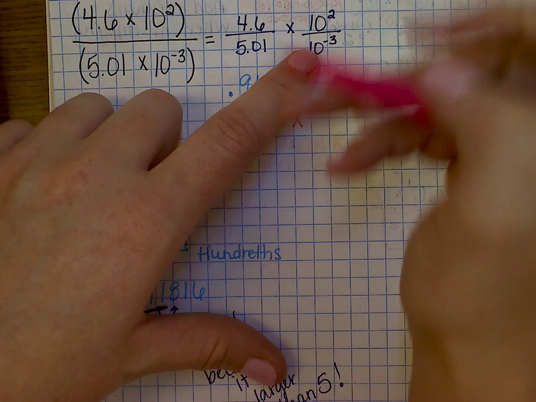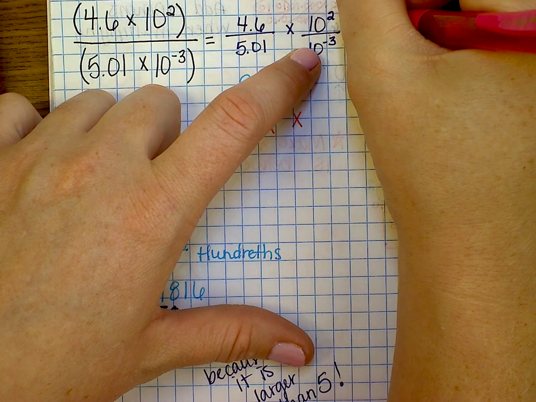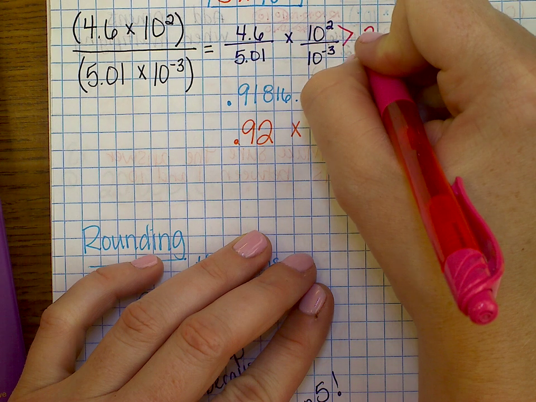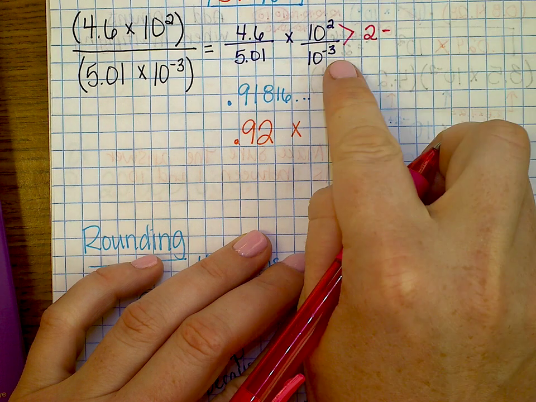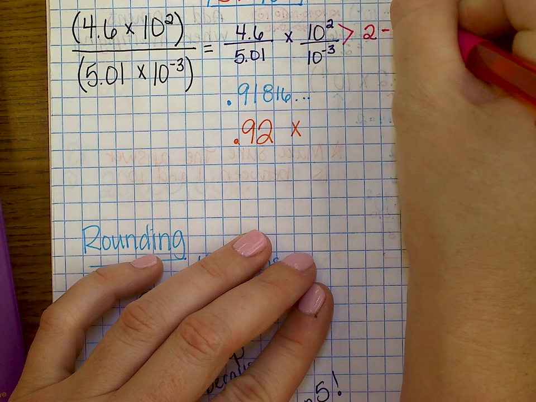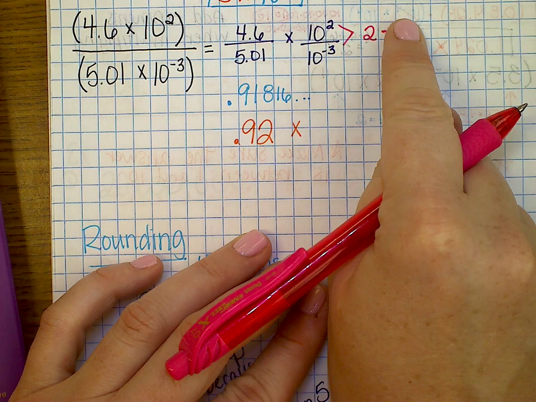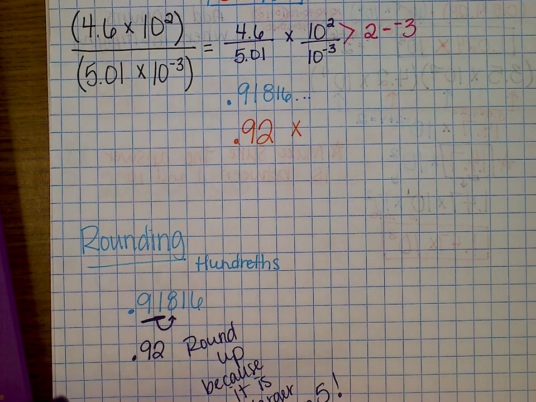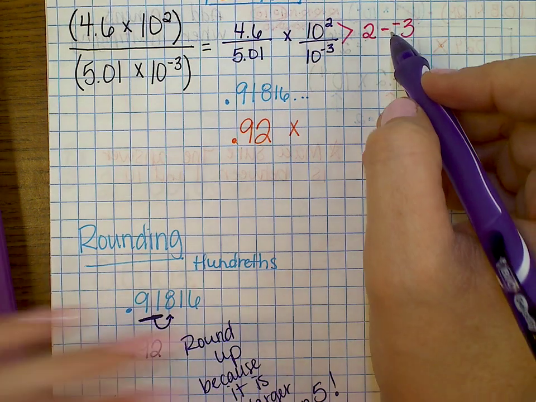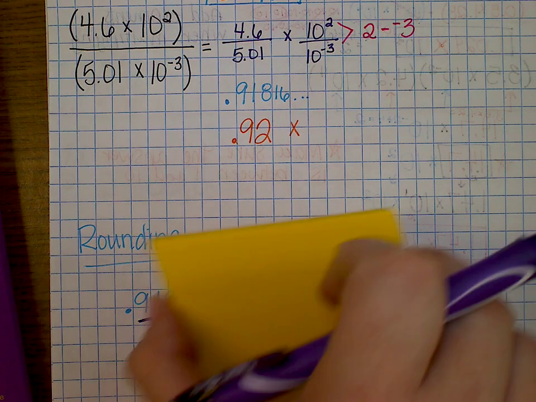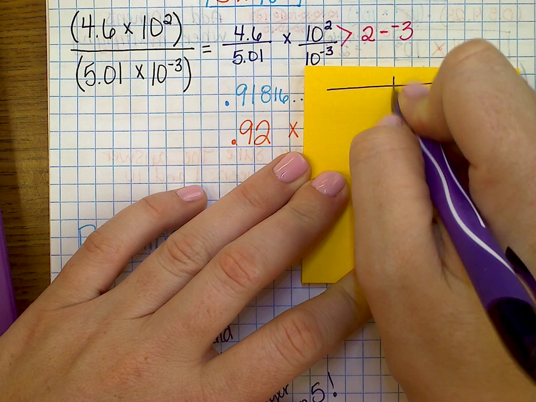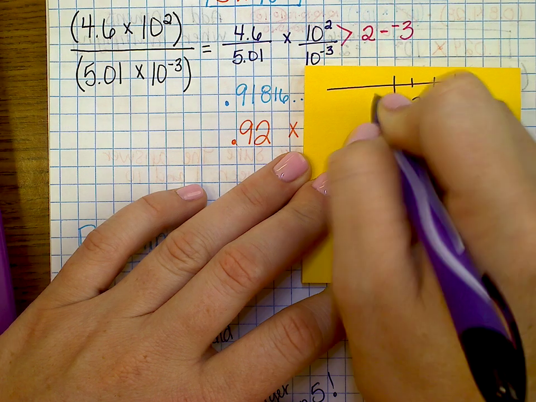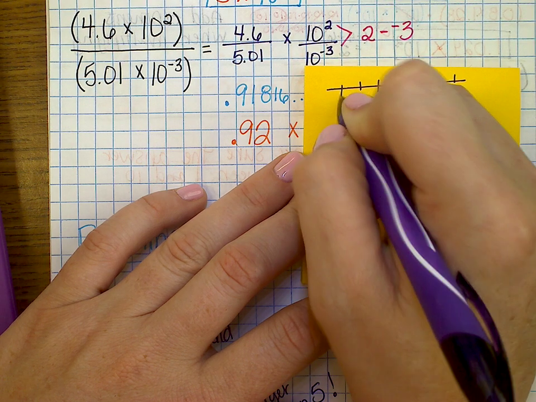And then remember, since it's division, we're going to subtract. So I'm going to do 2 minus, well, it's minus a negative 3. If you think about a number line, 2, 3, 4, 5, 1, 0, negative 1.